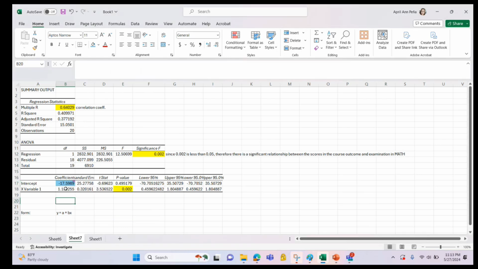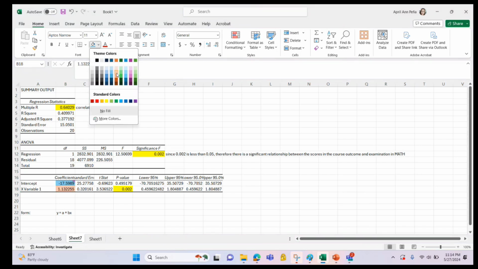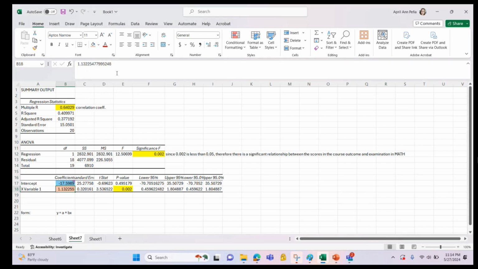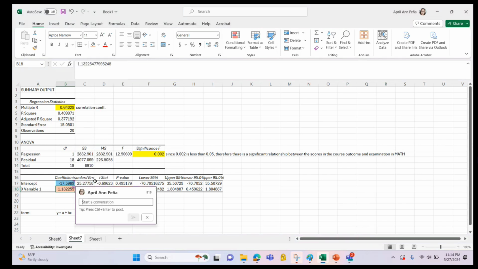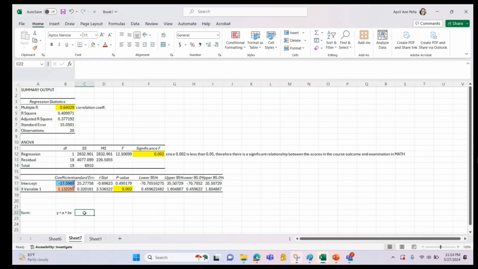And then, which is our B? This one, the 1.1322. Let us color it peach. Then this is our B.